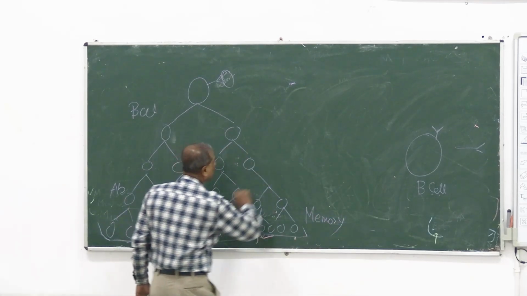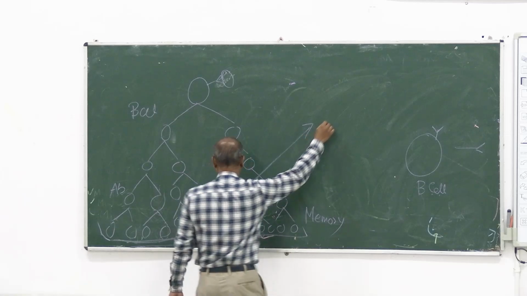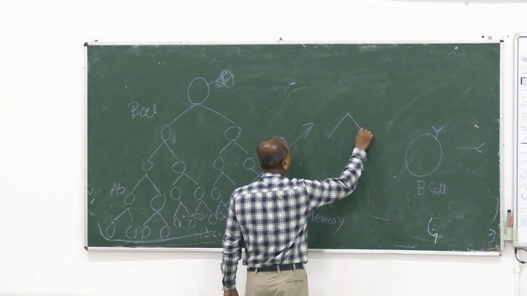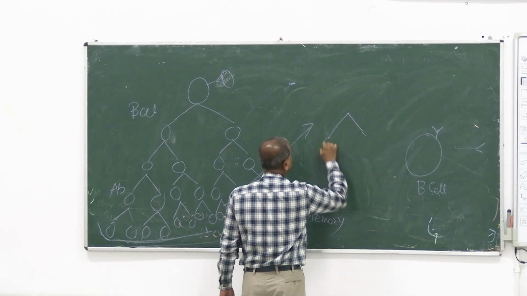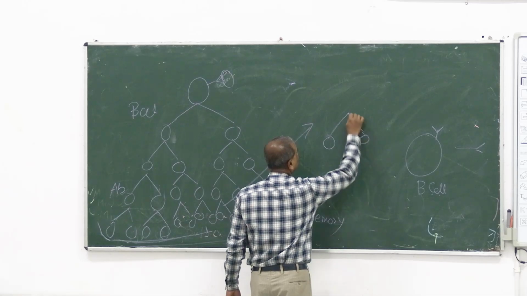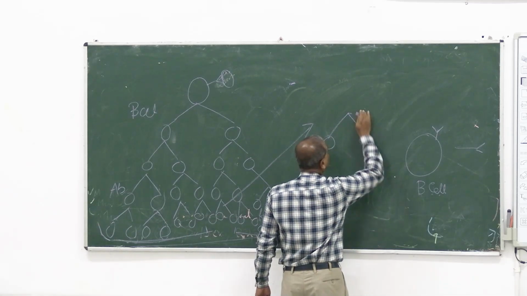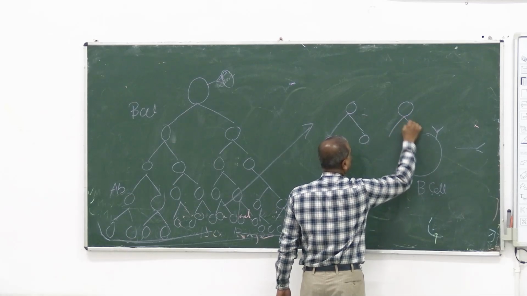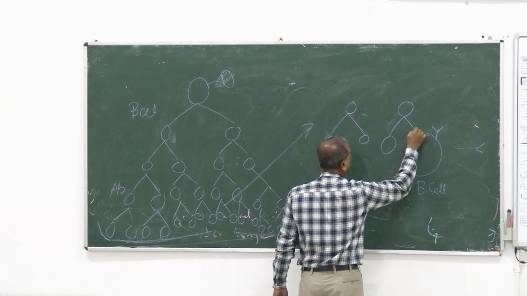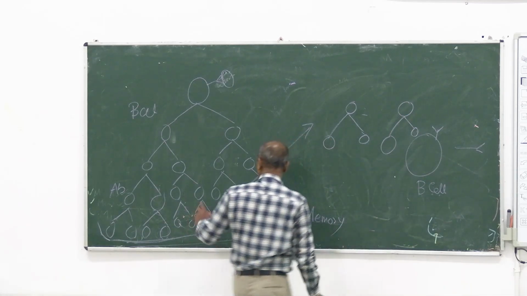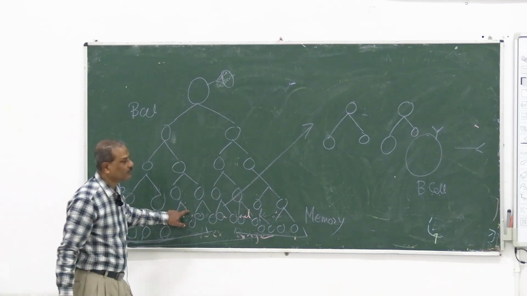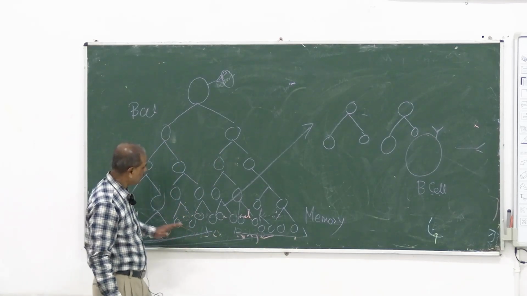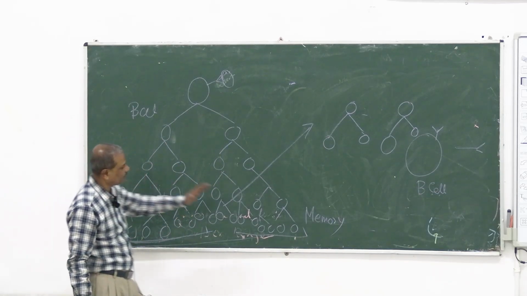From here I can show you this structure. Suppose here we have 4 cells. As I told you, some are producing antibodies, some are becoming memory cells.